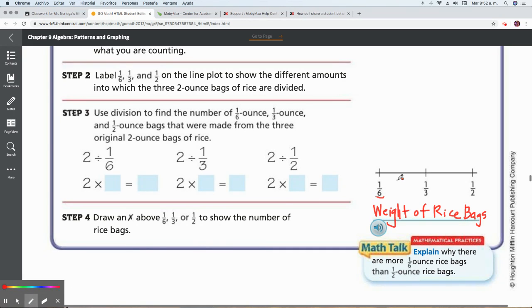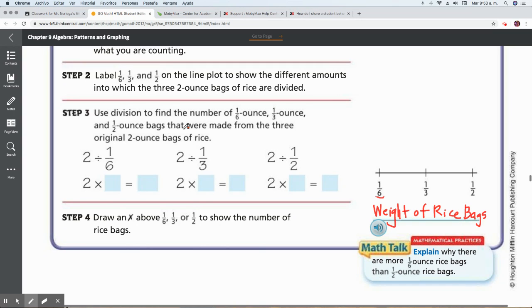Then we're going to go to 1/3 and 1/2. We don't have to label anything because it's already labeled for us. It's right here. Then step number 3, use division to find the number of 1/6 ounce, 1/3 ounce, and 1/2 ounce bags that were made from the 3 original 2-ounce bags of rice.